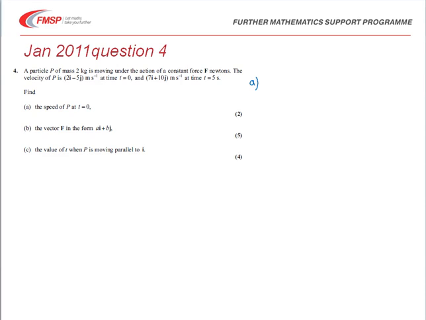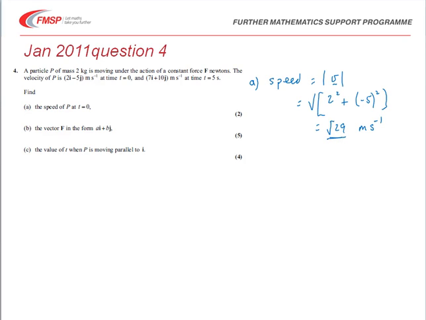Well, we're told that the velocity is 2i minus 5j, so the speed is simply the magnitude of the velocity at that time, which is Pythagoras' theorem, giving us a value of 2 squared plus negative 5 squared square rooted, which is root 29. No need to calculate it as a decimal, but you may if you wish. This is a speed, so meters per second.